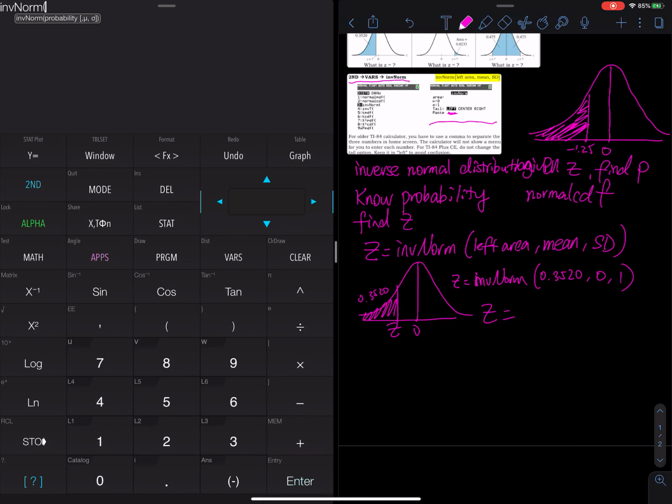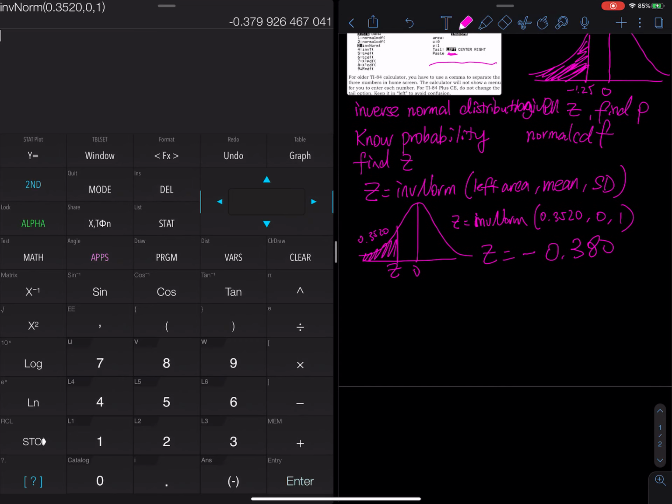All you have to do is input the area first, 0.3520, then a comma, 0, a comma, 1, and close parenthesis, and you will be able to find Z. That is negative 0.380. For the Z, I would like to keep that in 3 decimal places. So that is number 1.